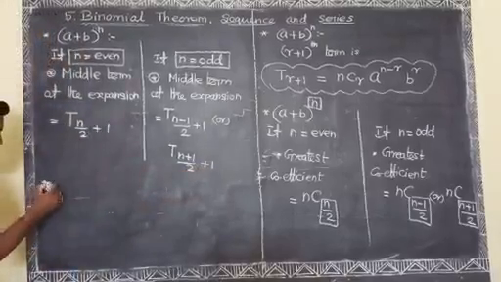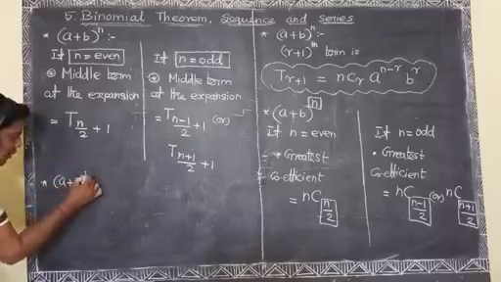Next go to another property, (a plus b) whole power n.